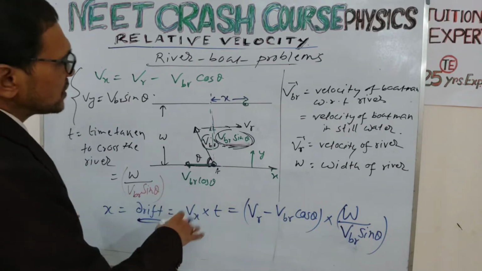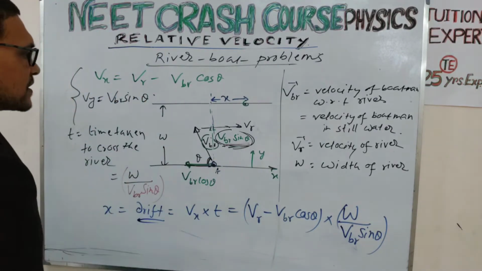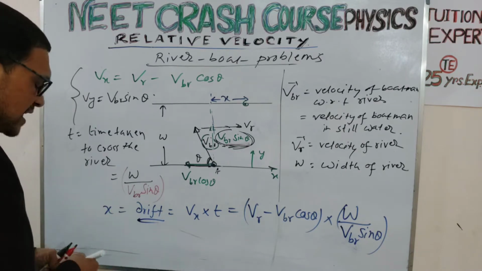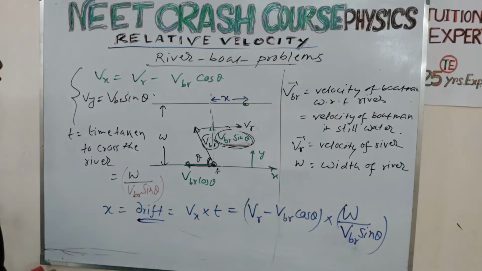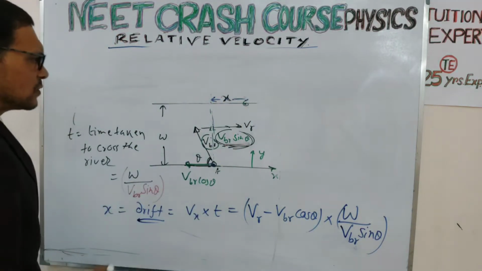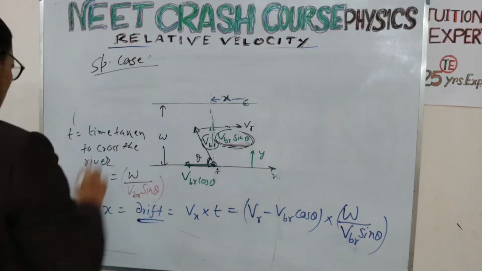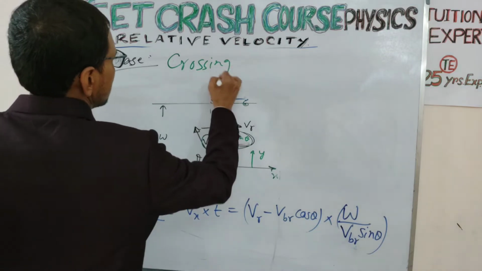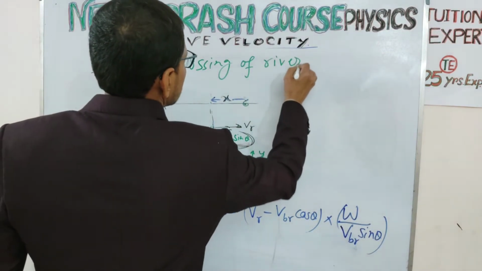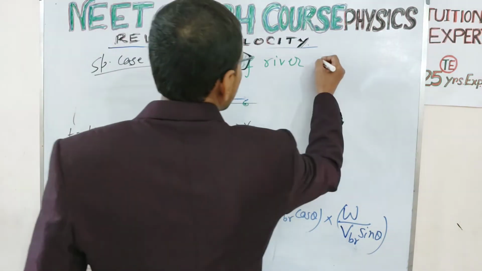Now from this theory we can derive the special cases. We consider two special cases. The first special case is crossing the river in minimum time.